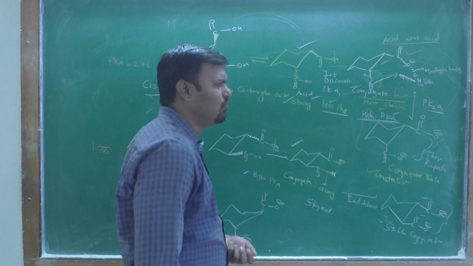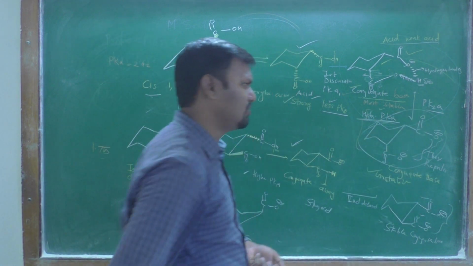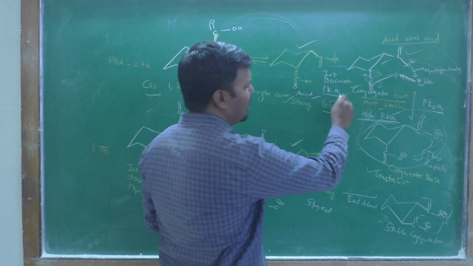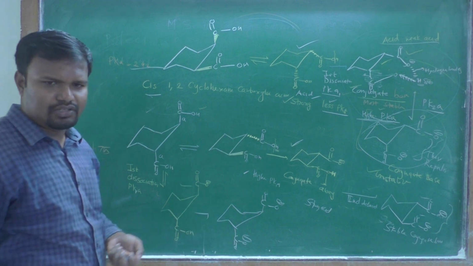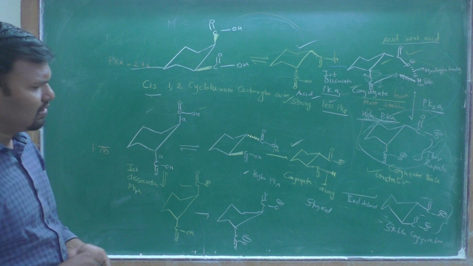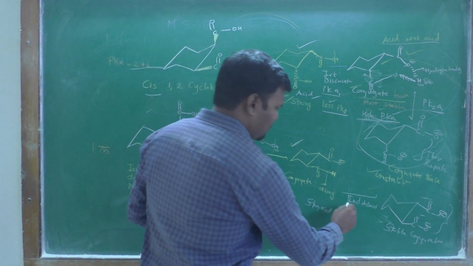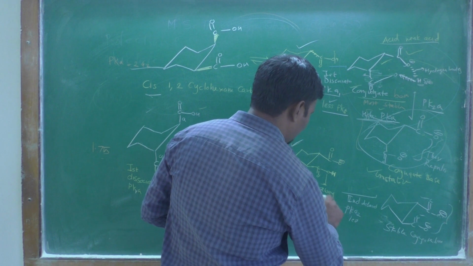This pK value will be very high because this structure is very unstable. Therefore the difference between pK1 and pK2 is very high, about 2.42. In this case the second dissociation pK value is less because it is a strong acid.